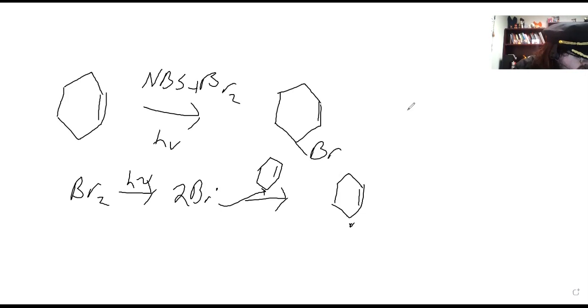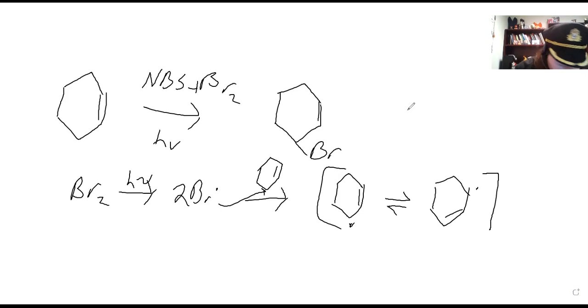Just like an allylic carbocation, this is particularly stable, because in this case, from here, we can have some exchange. And then that can further attack more bromines and chain this on.